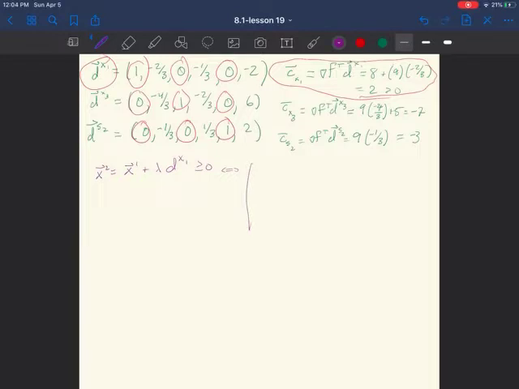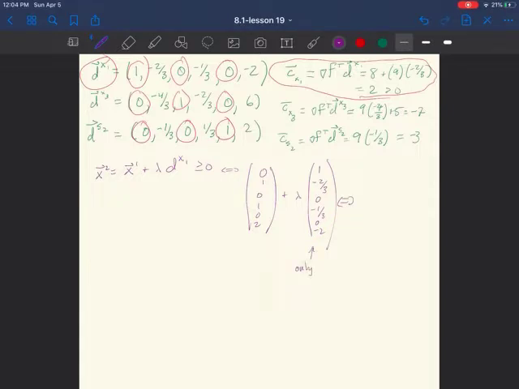So our x1, remember, was 0, 0, 1, 0, 1, 0, 2. We're adding to that lambda times this direction, which is 1, minus 2/3, 0, minus 1/3, 0, minus 2.